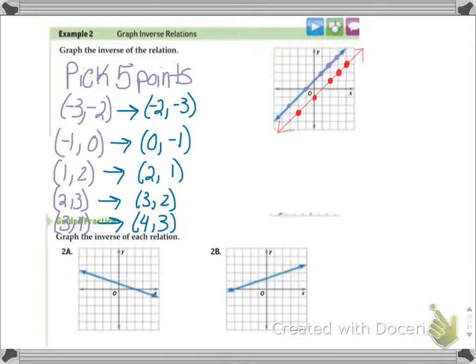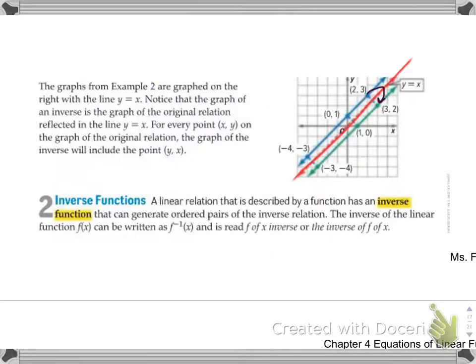Do the 2 U tries on your own. Again, we will go over those in class. Now if we look at the bottom of your page, it says that the graphs from example 2 are graphed on the right with a line of y equals x.